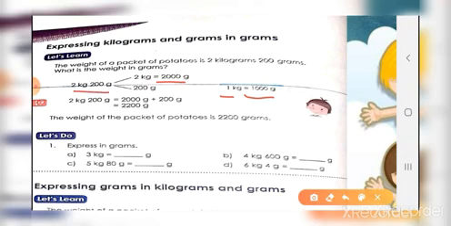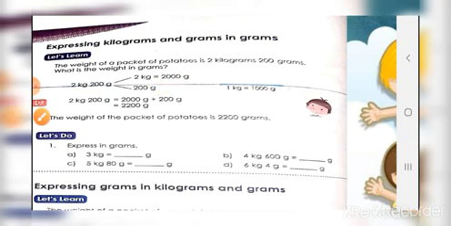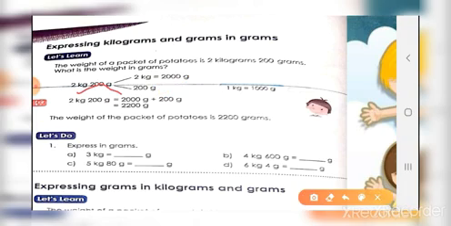Here we have split 2 kg and 200 grams into 2000 grams and 200 grams. If we convert 2 kilograms into grams, it would be 2000 grams, and 200 grams would be the same. So if we combine 2000 grams and 200 grams, we would get 2200 grams.